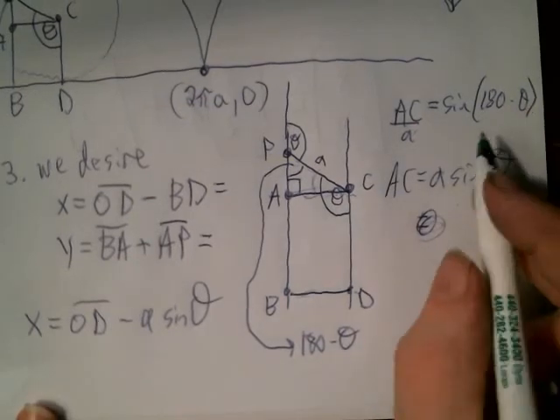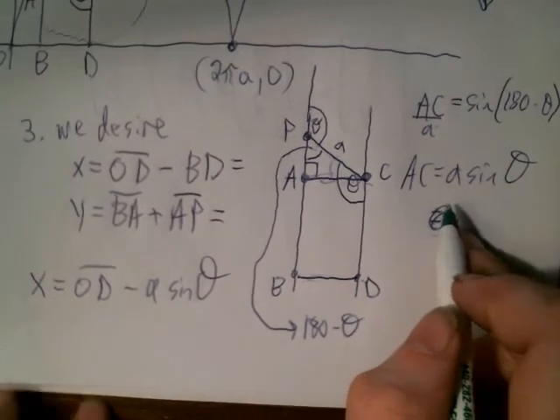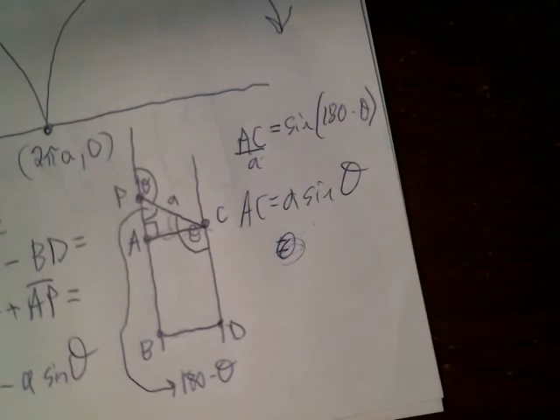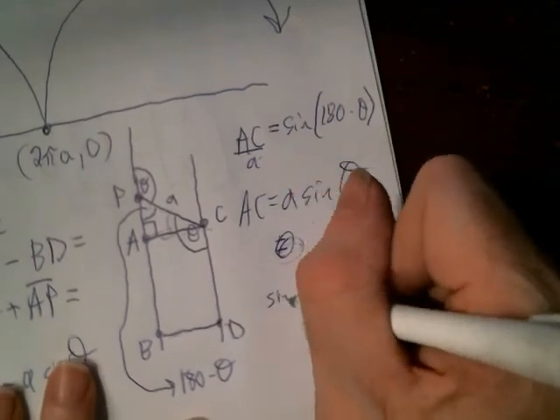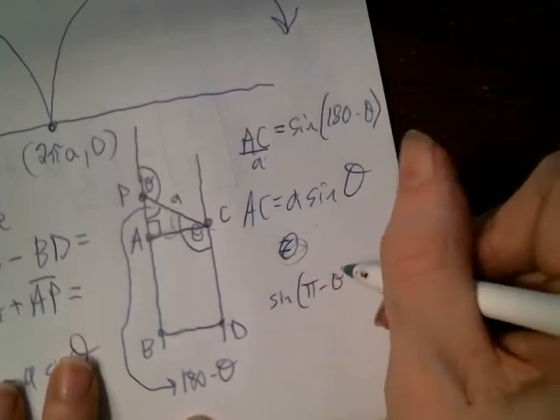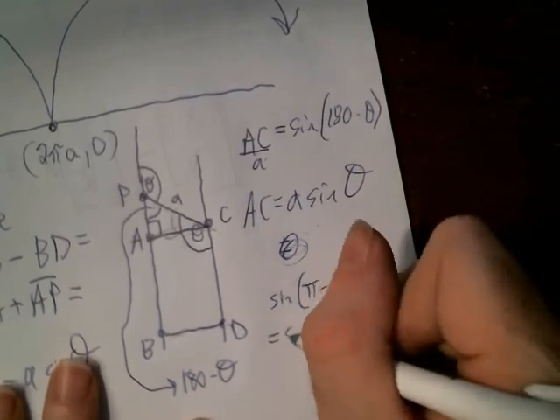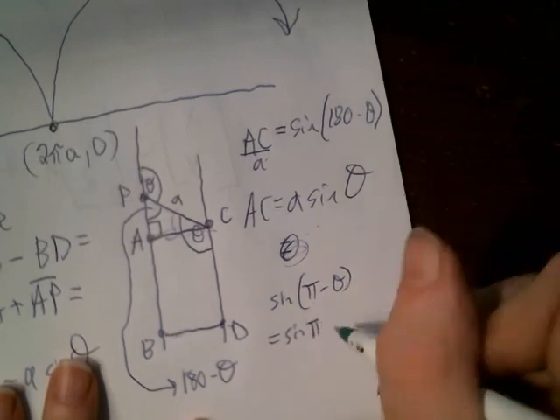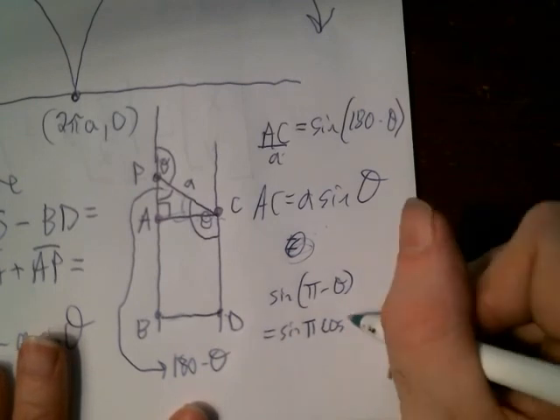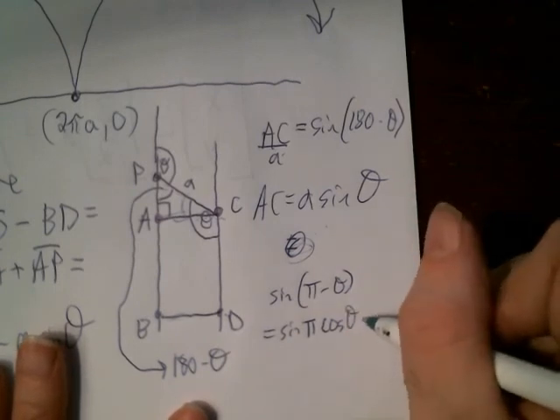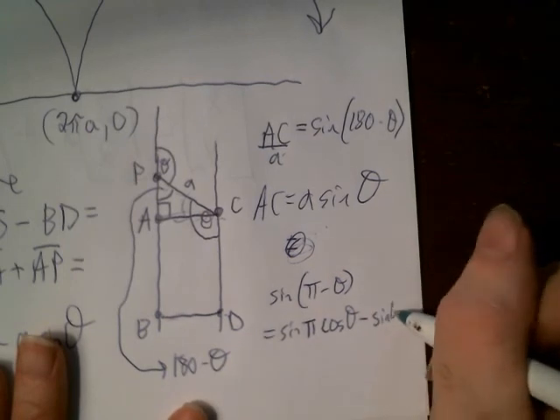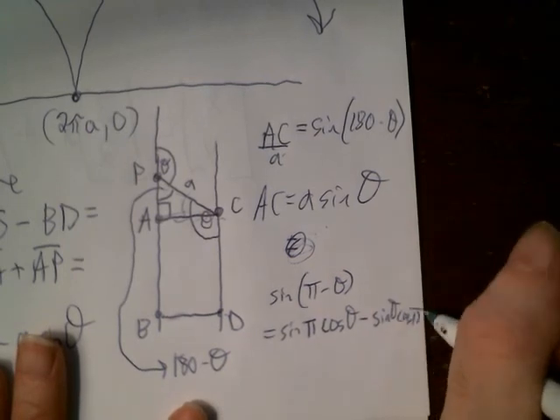Okay, if you're not sure why sine of 180 minus theta is equal to sine of theta, you can always do it this way. Sine of 180 is just going to be pi minus theta, and then that's equal to sine of pi times cosine of theta minus sine of theta cosine of pi.